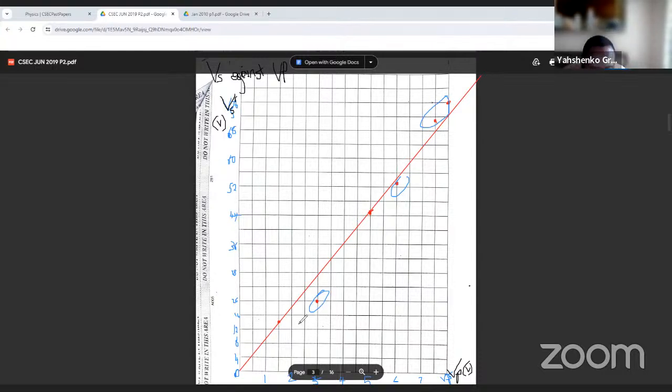Anyway, let's go to the gradient now. So to find the gradient, we need to make a gradient triangle, or some place where we see this thing looks like it exactly hits some of these points. I am tempted to use this one. All right, let me use a different color.